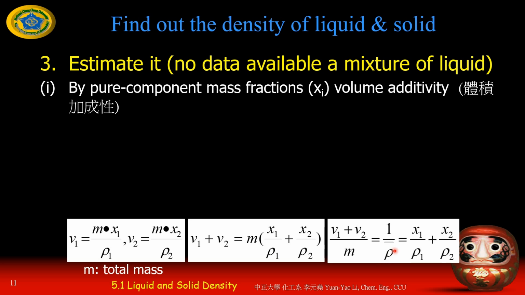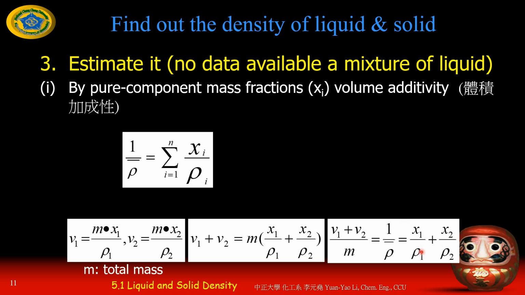Average density, right? 1 divided by rho bar equals X1 divided by rho 1 plus X2 divided by rho 2. So as you can see, this is how you find the density of the mixture with fraction A and fraction B.